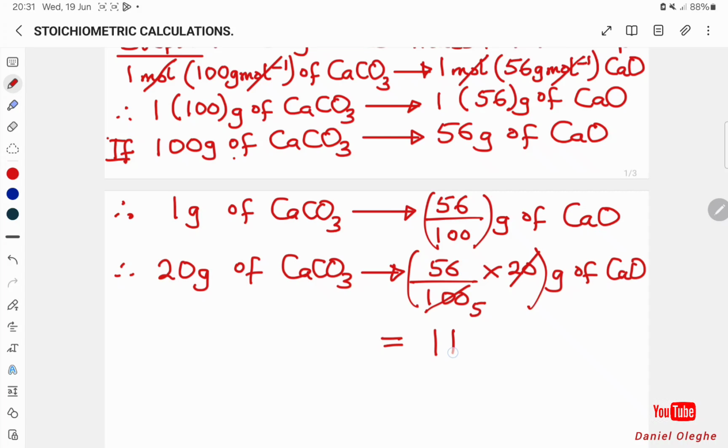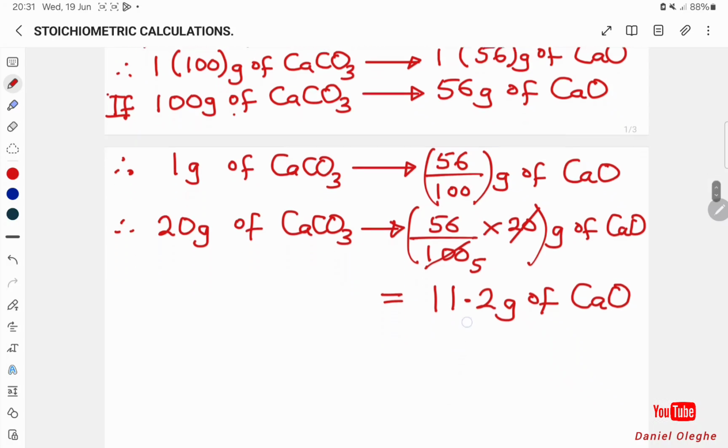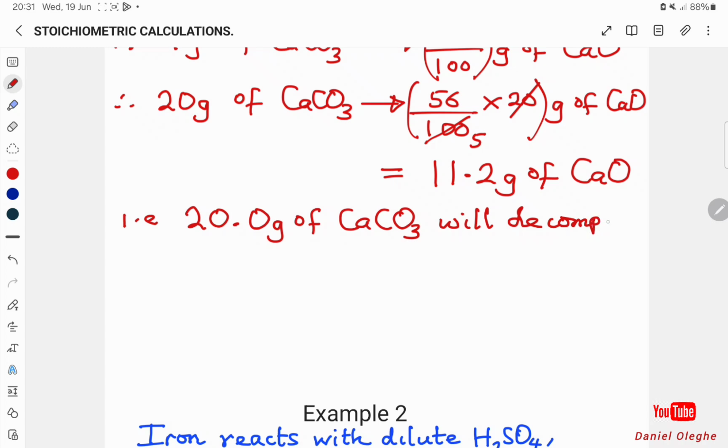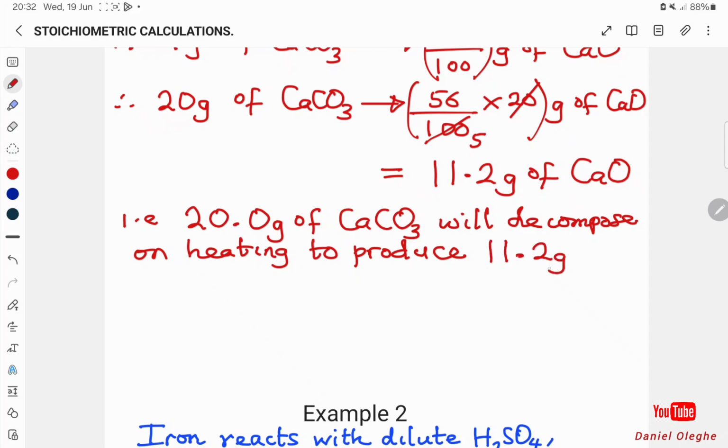By your multiplication, you have this, and when you divide 56 by 5, you have 11.2 gram of calcium oxide. That is, 20.0 gram of calcium carbonate will decompose on heating to produce 11.2 gram of calcium oxide.